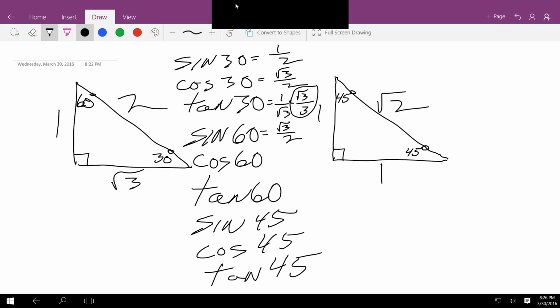Notice that the sine of 60 is the same as the cosine of 30. What's the cosine of 60?